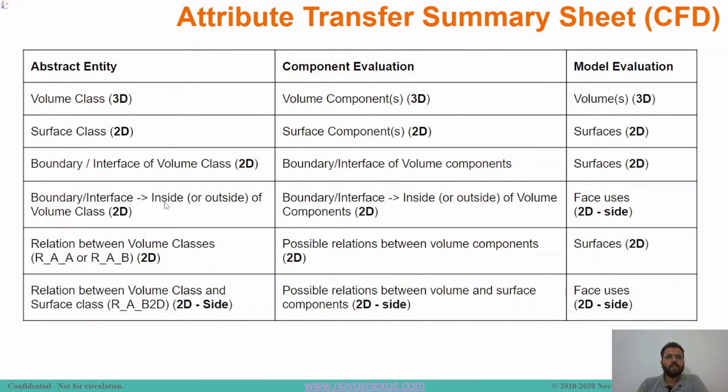Then boundary inside or outside of volume class, a 2D abstract entity, is transferred to face uses. The relation between volume classes, same classes and different classes, is a 2D abstract entity, and in model tab it is equivalent to surfaces, or it will highlight the surfaces. And relation between volume class and surface class will evaluate as a face use or 2D side.